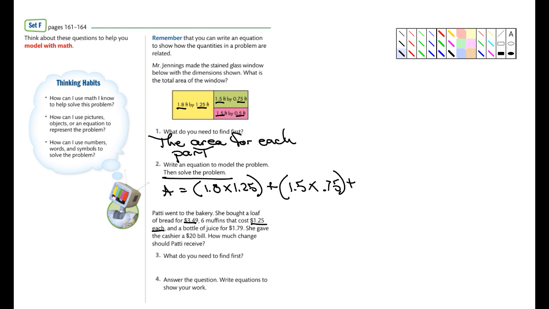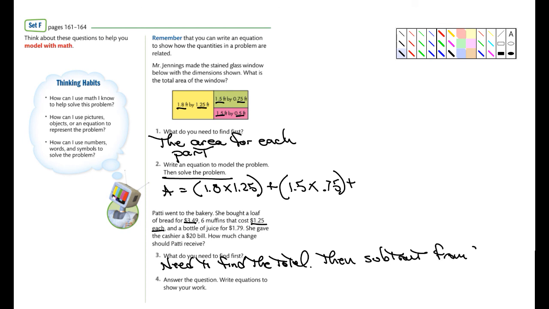So I think you guys can do this. You're going to have to total how much she spent. Then you're going to subtract the total from $20. So need to find the total. Then subtract from $20.